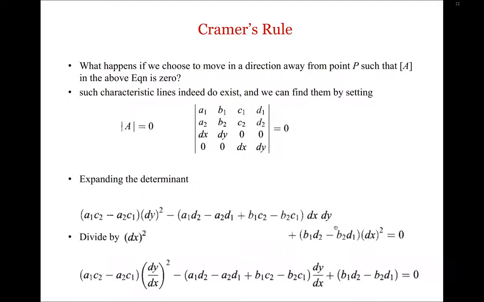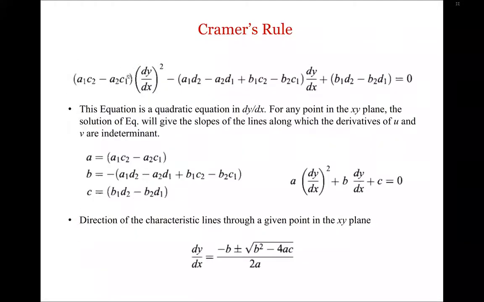Now after this we have a1 c1 c2 minus a2 c2, this must be equal to a, and this full value a1 d1 minus a2 d1 plus b1 c2 minus b2 c1 equals b, and b1 d2 minus b2 d1 equals c. Put this a, b, c in the equation.